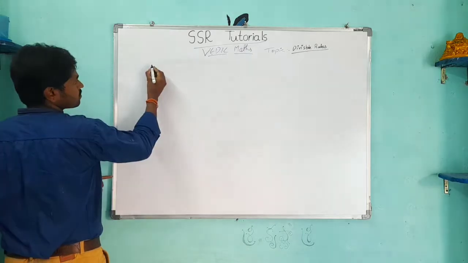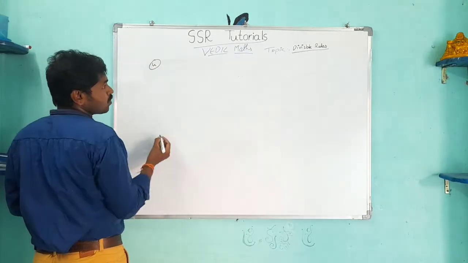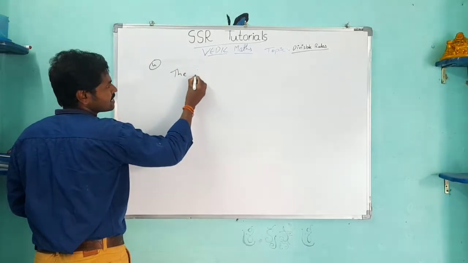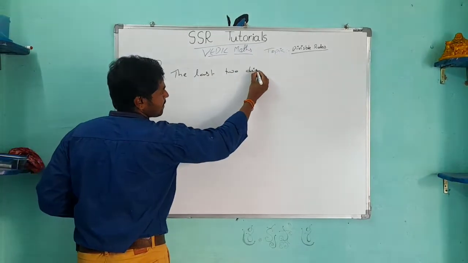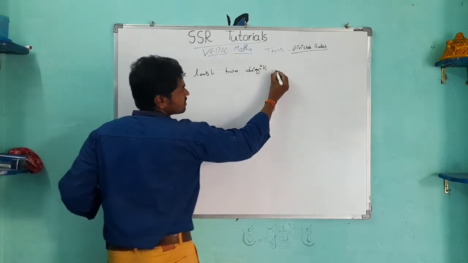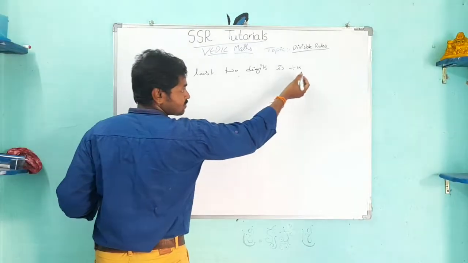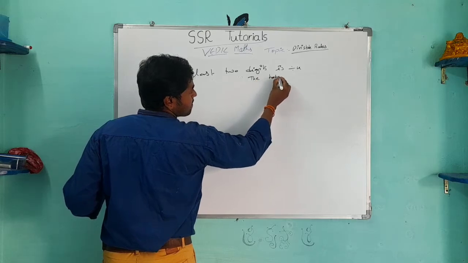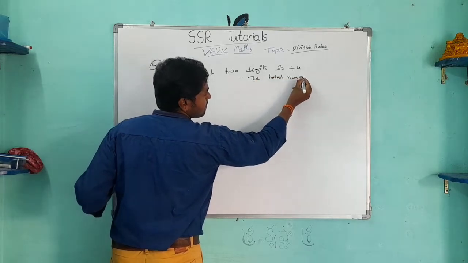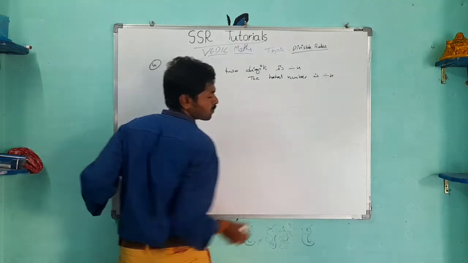Next, 4. What is it for? The last two digits. If the last two digits are divisible by 4, the total number is also divisible by 4.